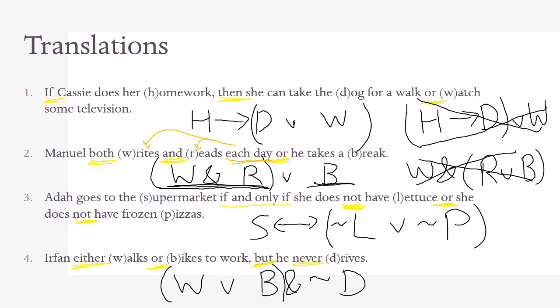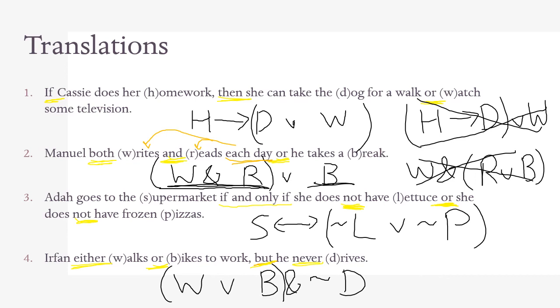On the next slide, we'll do some more translations, and then in the following presentations, we'll just keep on practicing them. So it might seem a little bit confusing right now. What I want you to be able to recognize is how we use parentheses, what our operators are, what the terms are that signify our operators, and then also how to piece these together.